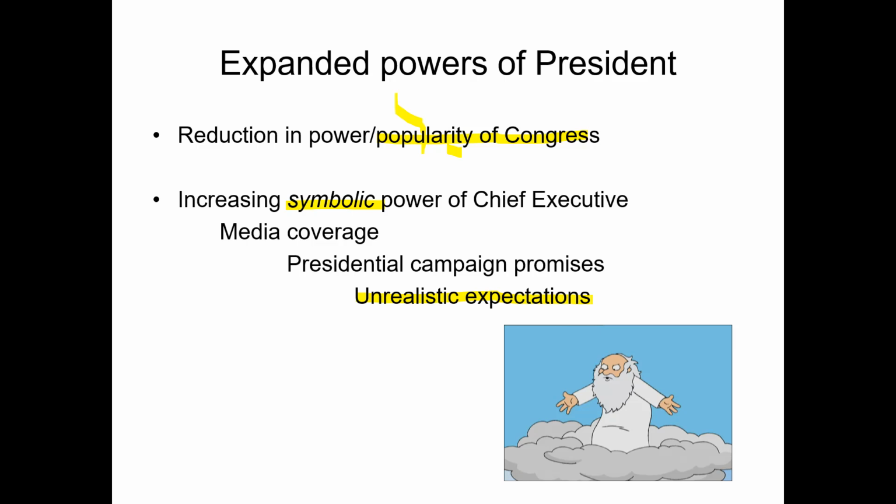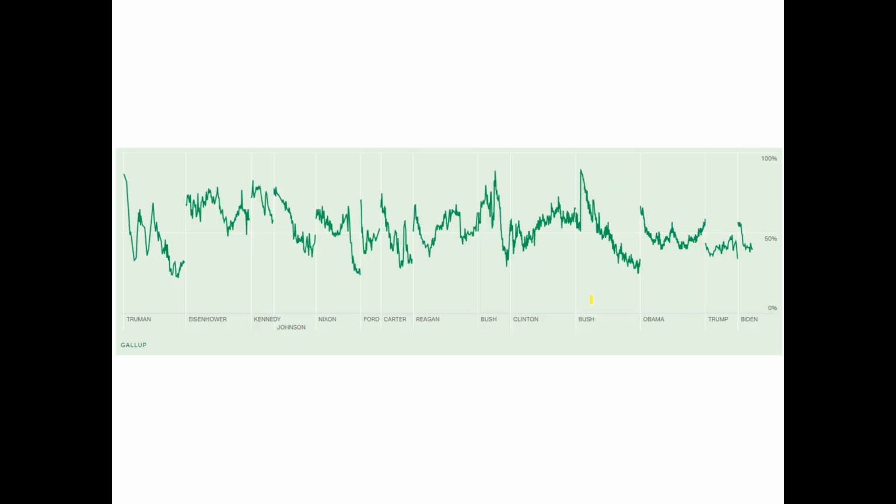And as a result, every president that has been elected over the past half century, their approval ratings start to decline almost immediately. As you can see here, it fluctuates in many cases, but in almost every case, there's been a serious decline in the president's approval rating. Obviously, George Bush took a massive hit as a result of the Iraq War, the Afghanistan War not going very well, and the tanking economy.